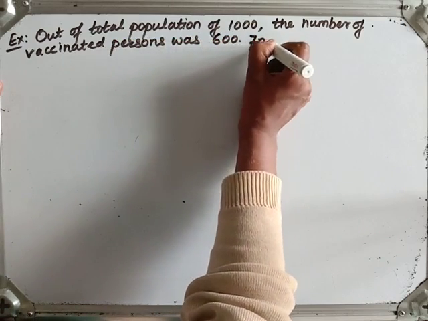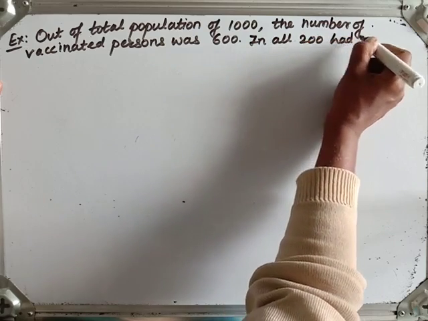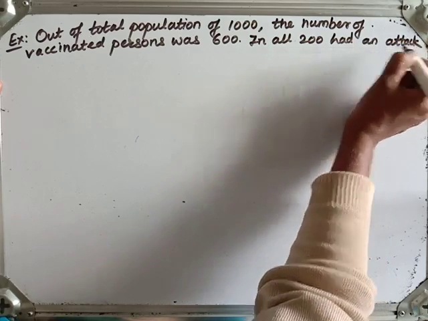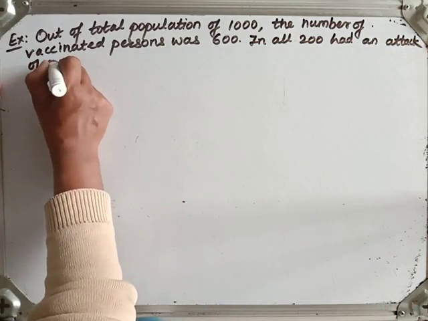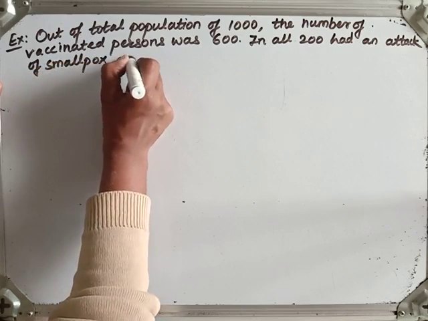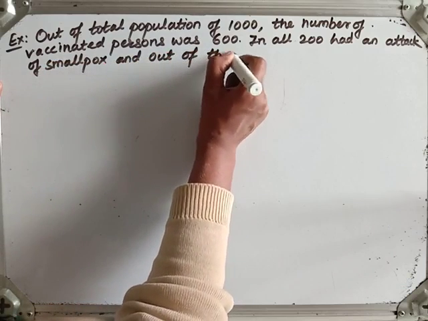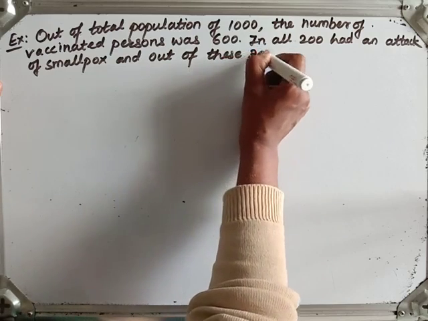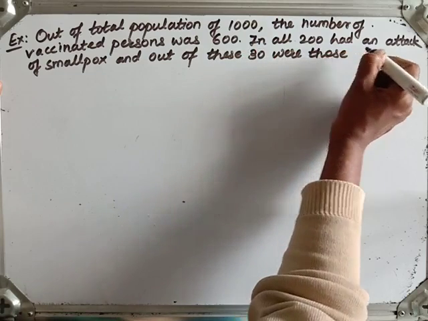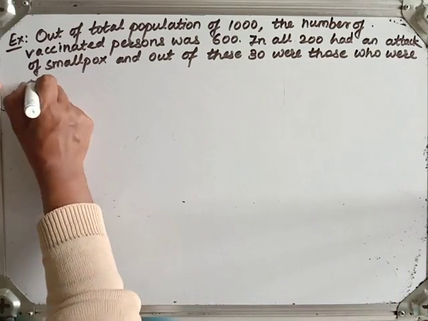In all, 200 had an attack of smallpox, and out of these, 30 were those who were vaccinated.